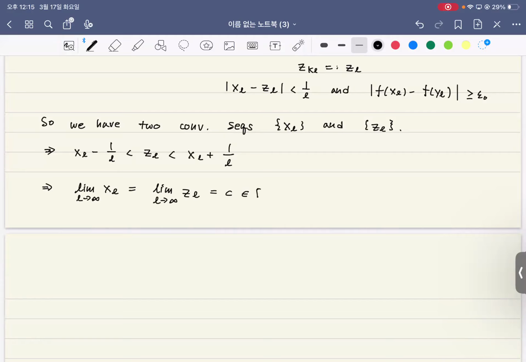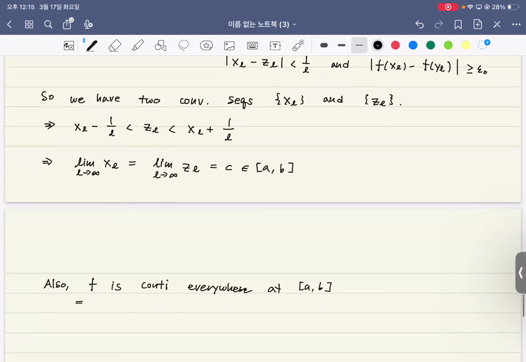And this is clearly also a point in the interval a and b. So, and f is continuous everywhere. So f is continuous at c, which is the limiting point, the limit of these two sequences.